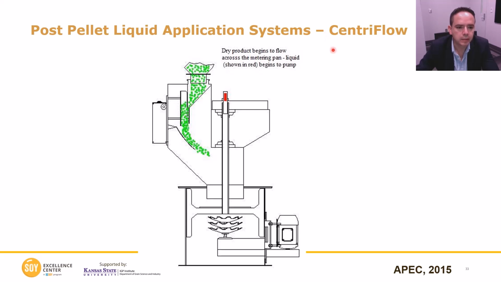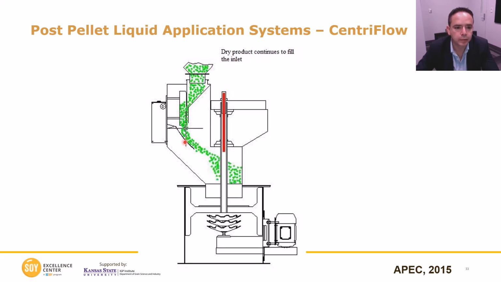So basically what is happening here is that, as you can see, as this product hits the centriflow, now the system knows exactly what is the rate of dry flow that is going through the system, and now the system knows how much liquid needs to be applied.